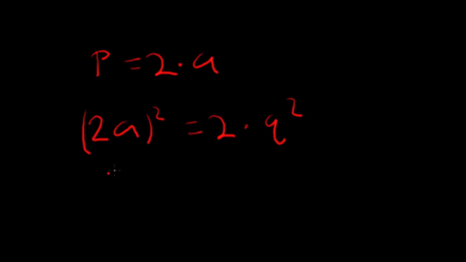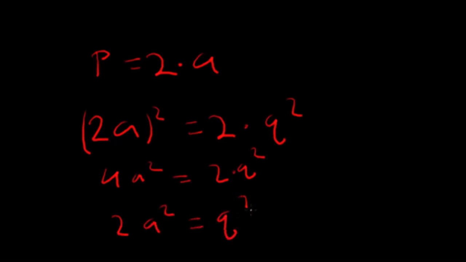This can be simplified as 4a squared equals 2q squared, and then 2a squared is equal to q squared. So now we found that q squared is even, which means q is also even.